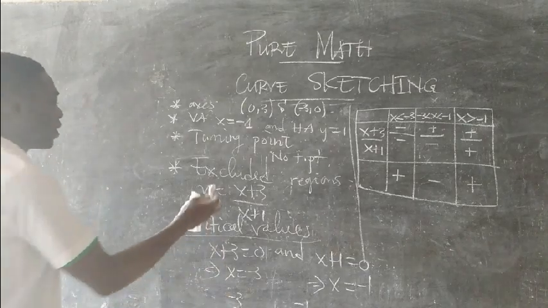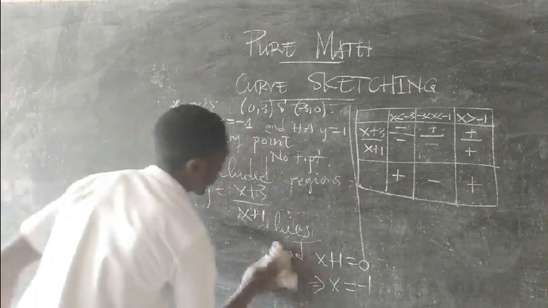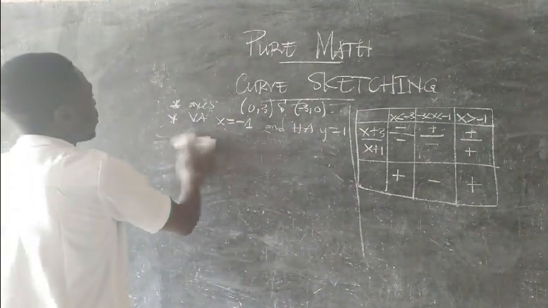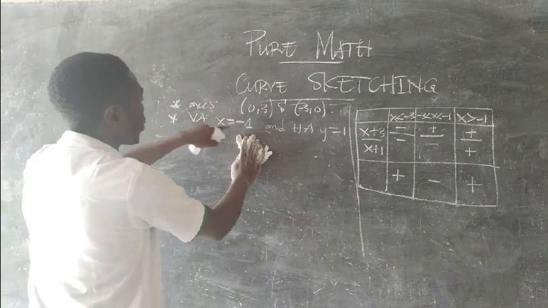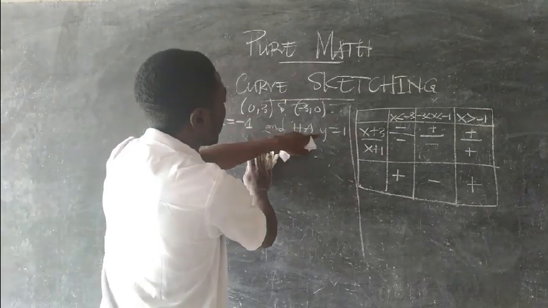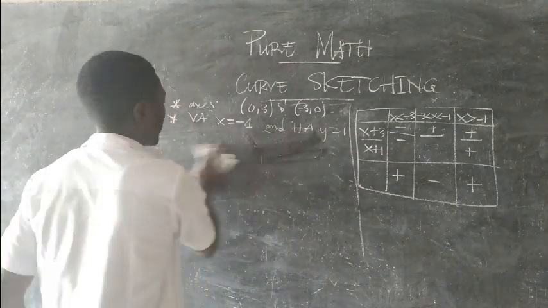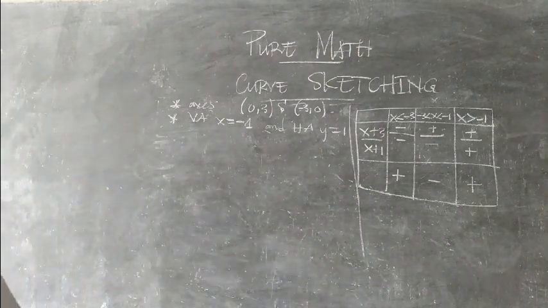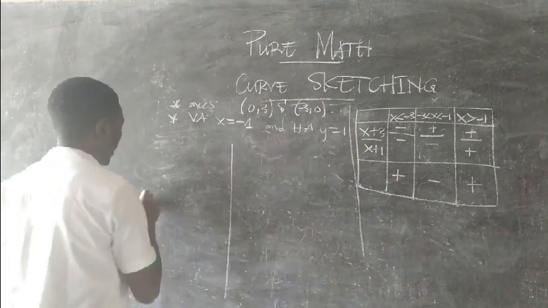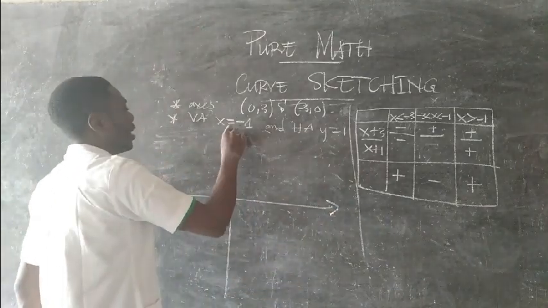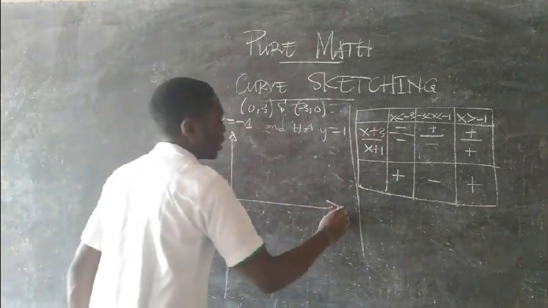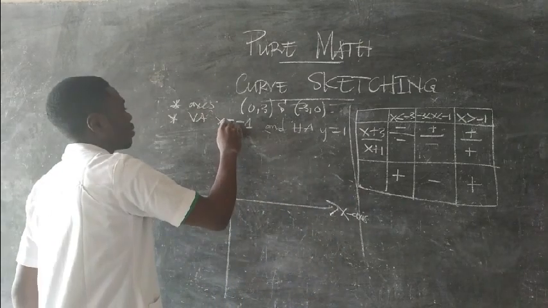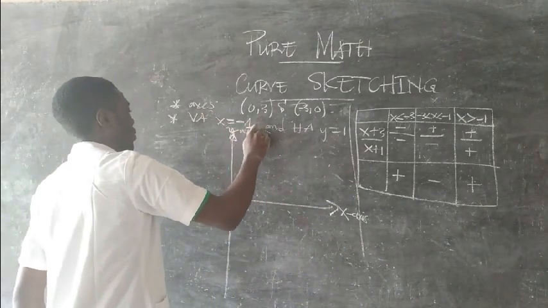Alright, to sketch the curve is very, very simple. After you have done everything, please remember our asymptotes: x equal to negative 1 for vertical and y equal to 1 for horizontal. I think that space is enough. So if I have my curve, this one is the x-axis and this one is my y-axis.